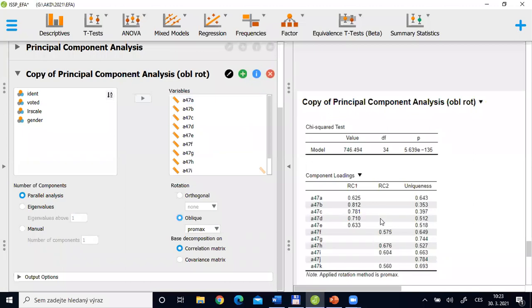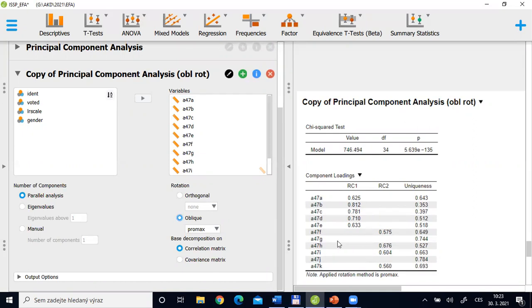And here, if I change into oblique rotation, you can see quite a nice picture for the first dimension, and also quite a nice picture for the second dimension, but still two items with quite low factor loadings, or component loadings, as it is about components here, can be seen.